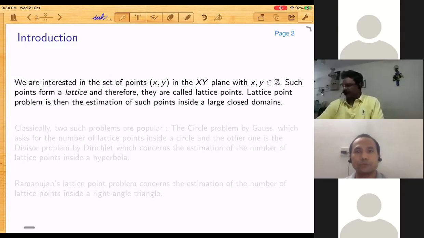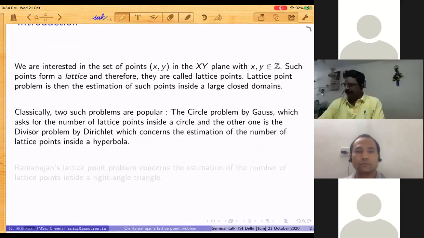All right. So classically, there are two famous problems that we know. One is called the circle problem, and that is by Gauss, which counts the number of lattice points inside a circle. And the other one is the famous Dirichlet divisor problem, which concerns the estimation of the number of lattice points inside a hyperbola.